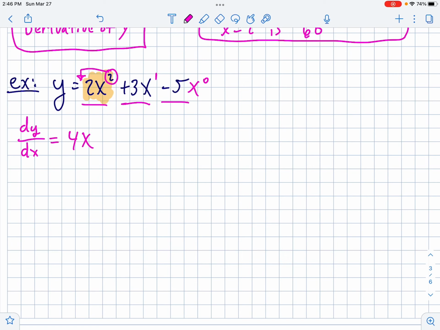So here, let's do it. 2, pop and drop, 4x to the 2 minus 1. Then this 1 has to come out in front, so this becomes plus 3 times 1, x to the 1 minus 1.